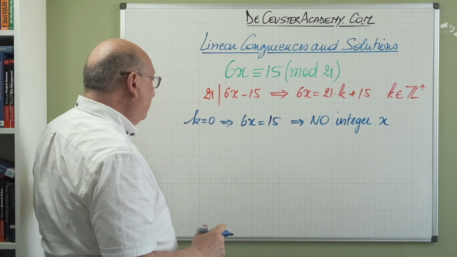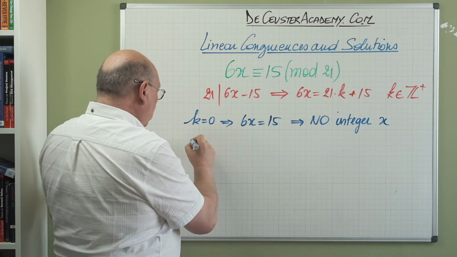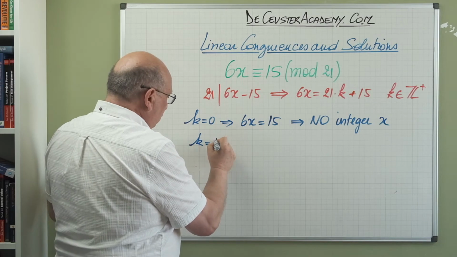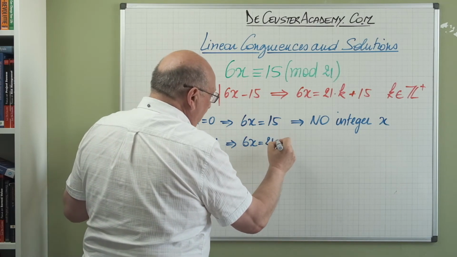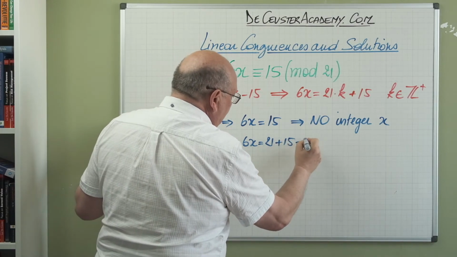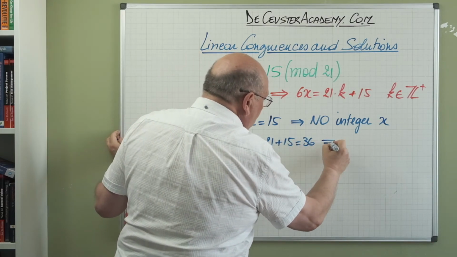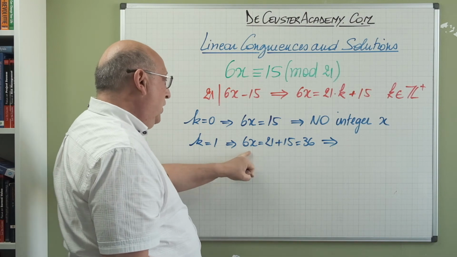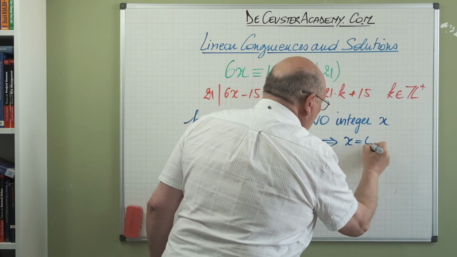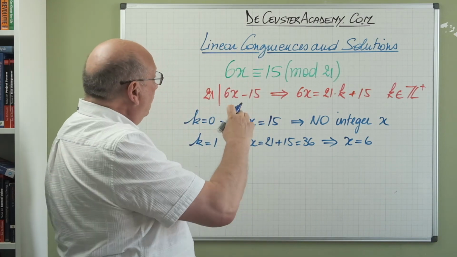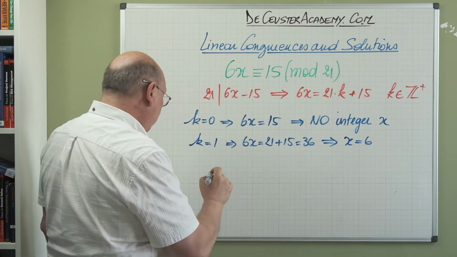So this is not a possibility, no solution here. K equals 1, then we have 6x is 21 plus 15 is 36. So here we find a solution because x is equal to 6. So that's our first solution for this linear congruence.